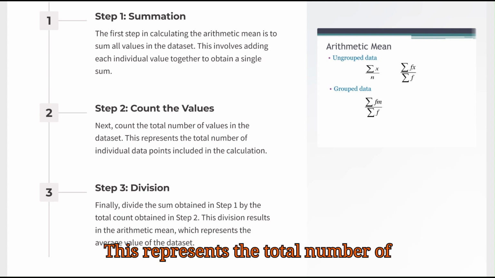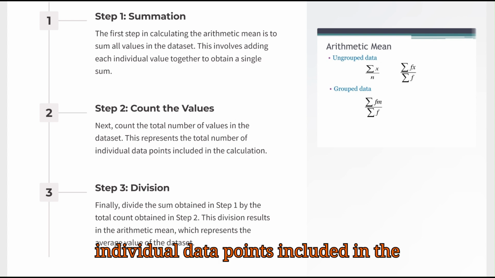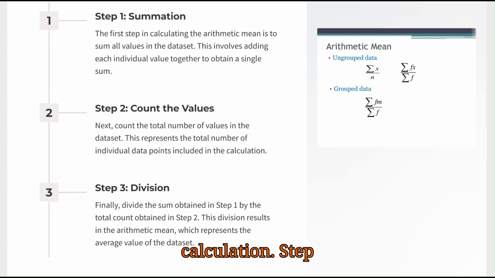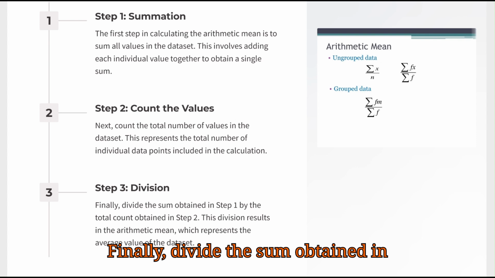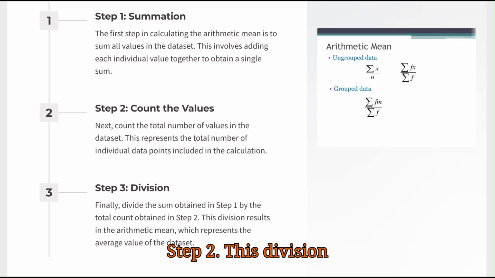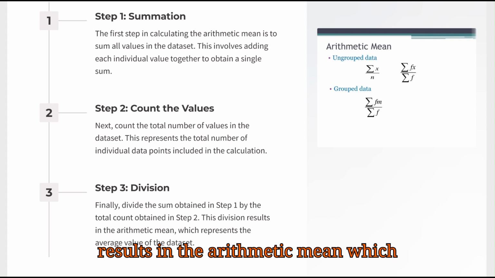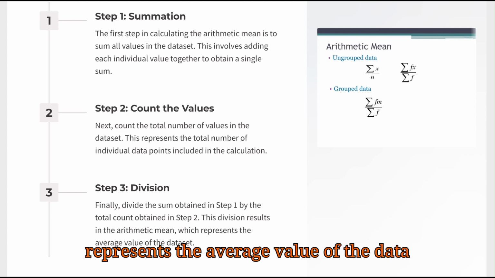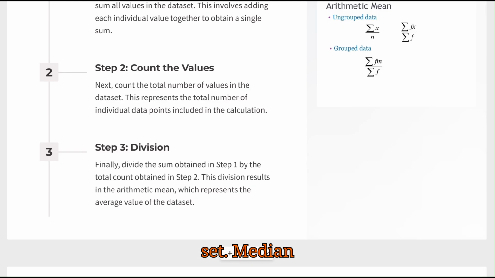This represents the total number of individual data points included in the calculation. Step 3. Division. Finally, divide the sum obtained in Step 1 by the total count obtained in Step 2. This division results in the arithmetic mean, which represents the average value of the dataset.